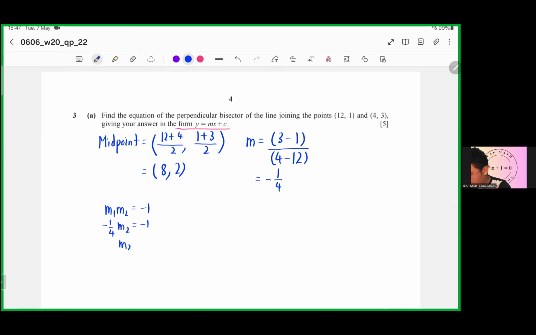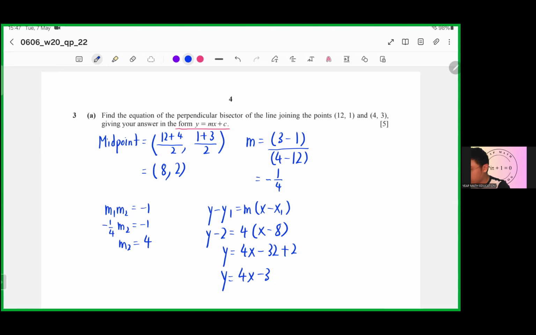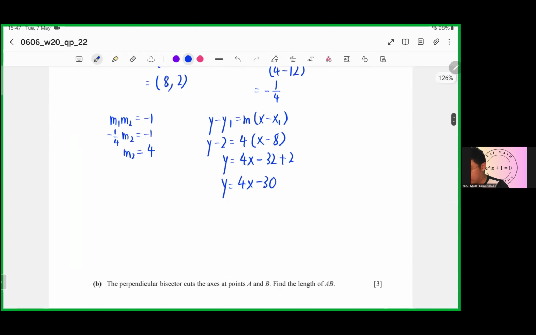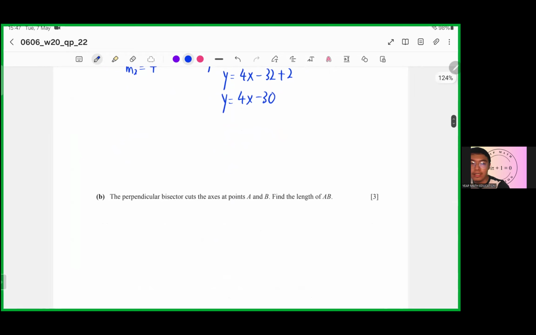So now the gradient is 4. Now we can make the equation: y − 2 = 4(x − 8). So y = 4x − 32 + 2, so y = 4x − 30. Now we see the next question.